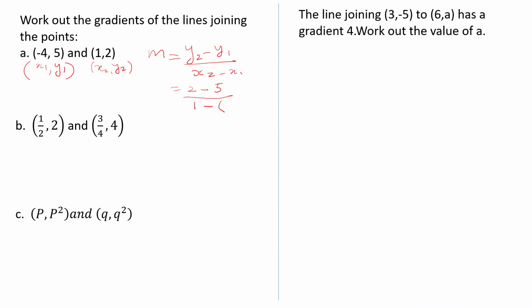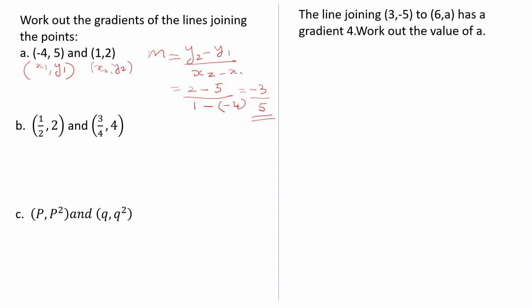So I'm going to put the bracket minus 4. So this is 2 minus 5 is minus 3, divided by 1, minus times minus is plus 4, so 5. So the gradient is minus 3 over 5.